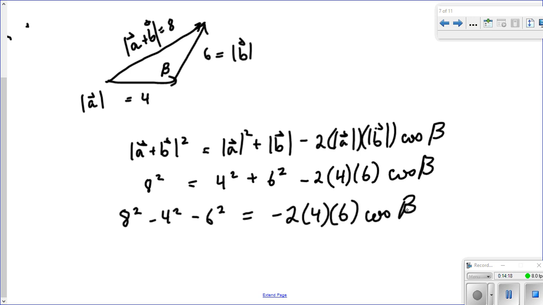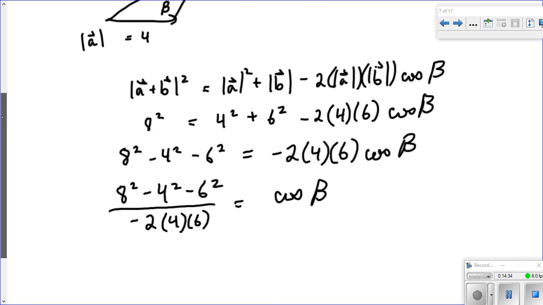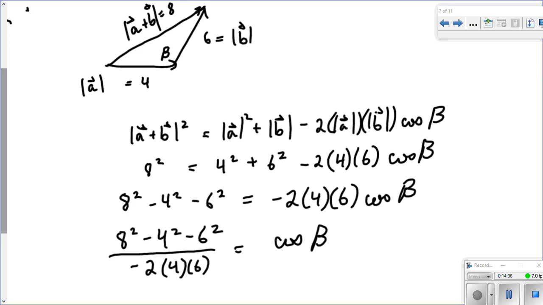Now some of you have maybe seen the cosine law written like this before. When I have three sides and I have to solve for one of the angles, I take the biggest side and take away the other two sides and then divide by this coefficient right here.